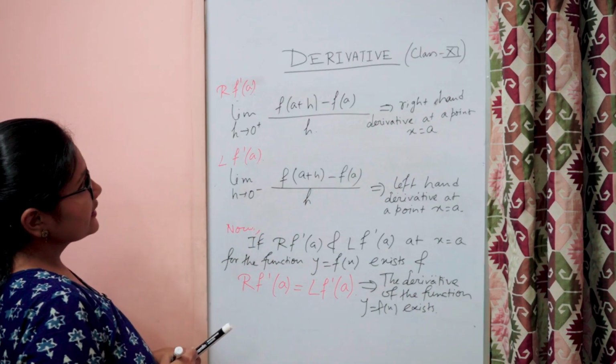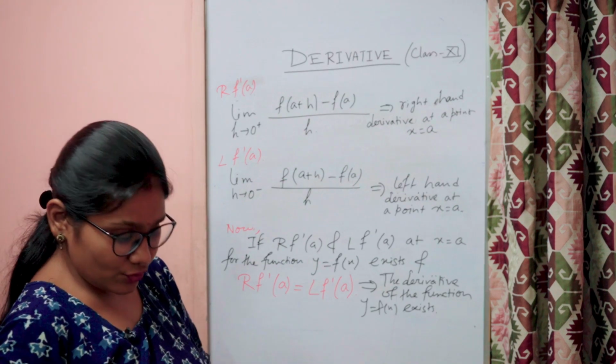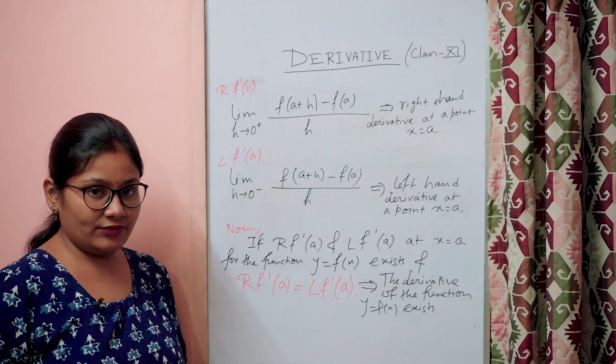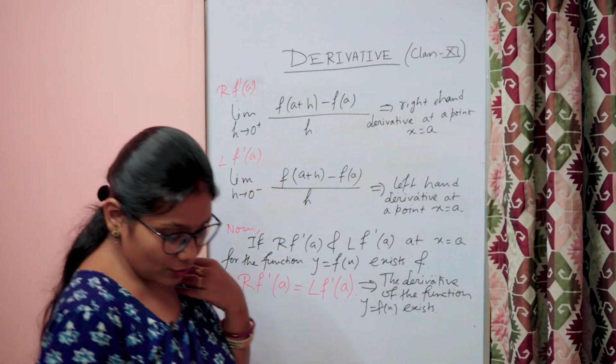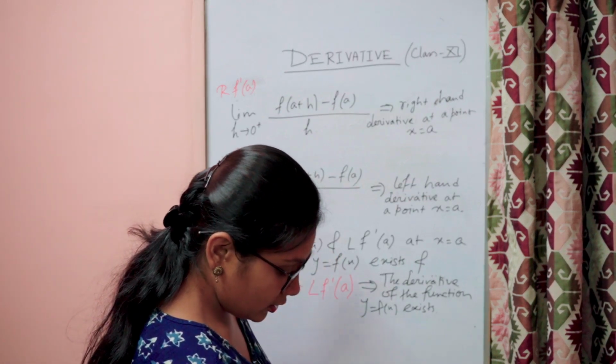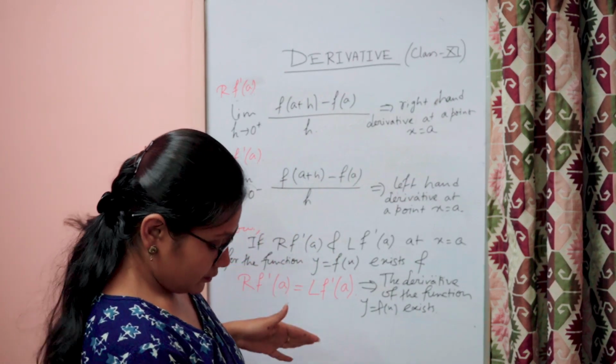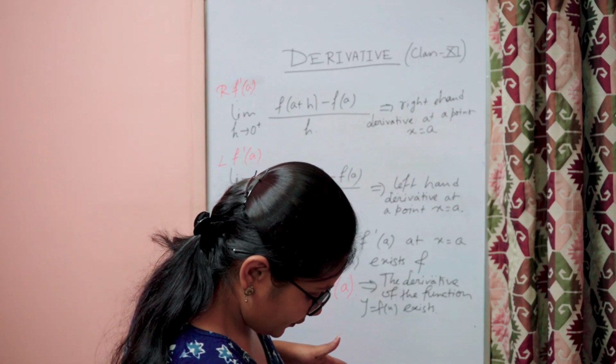Okay, these are the existence rules of derivative. So by using these two rules we have to find it out.